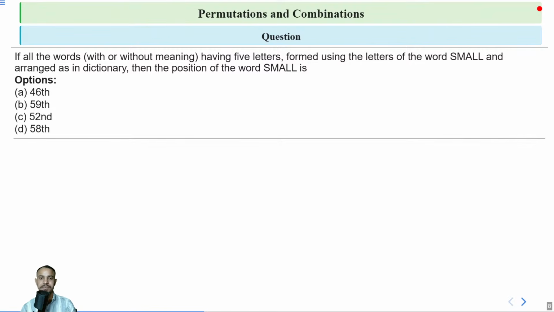Which option is correct? Very simple question, you can do it. Write your answer in the chat section.